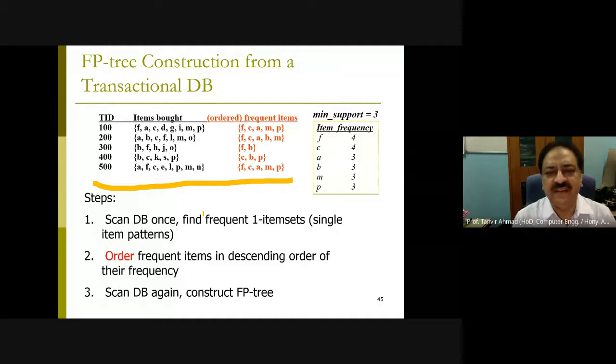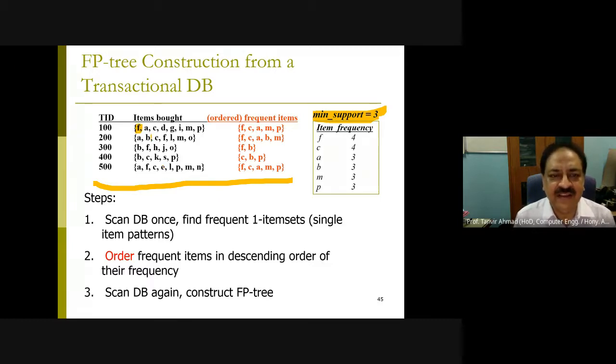Now I have to take some minimum support. Here I am taking a minimum support equal to 3. I will first scan the database to check the frequency of each and every item. Now I will check the frequency of F.